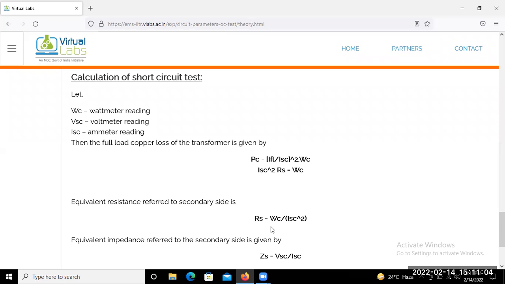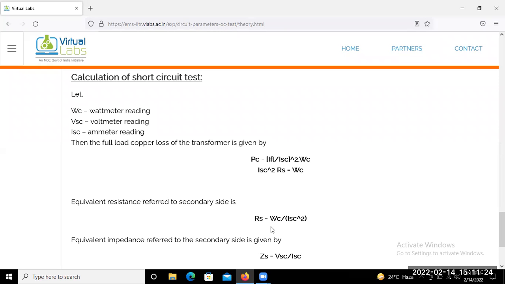So you may then convert these values. Since the resistance you get is on the high voltage side, it may be transferred towards the low voltage side. Okay, so you may know how we can transfer the reactance value and resistance value from the high voltage side to the low voltage side.